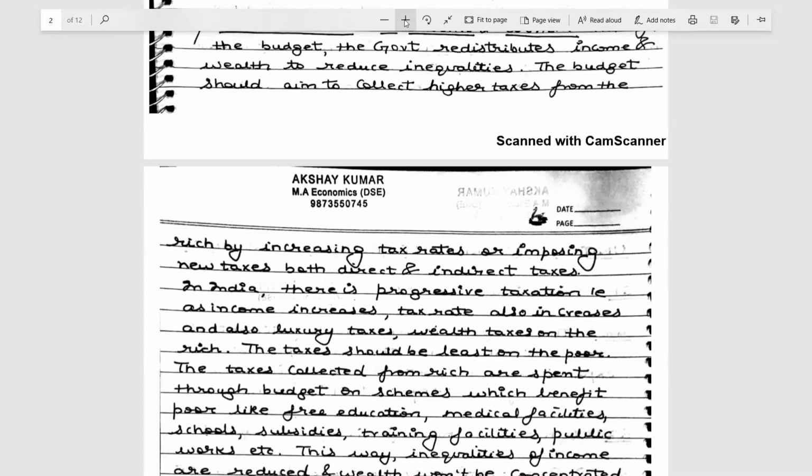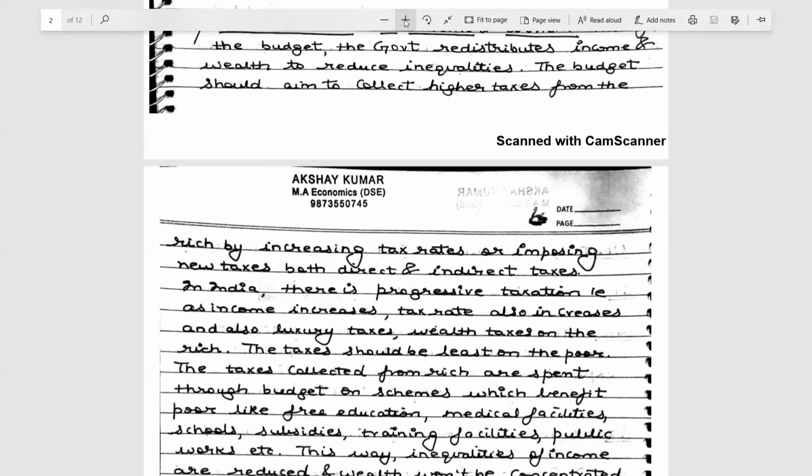Direct taxes are those taxes in which the burden of the tax and the liability of the tax is on the same person. इसका मतलब डायरेक्ट टैक्स के अंदर जिस पे टैक्स लगा है उसी को ही पे करना पड़ेगा वो टैक्स. इनडायरेक्ट टैक्स के अंदर the incidence of the tax and the liability of the tax are on two different persons. That means इनडायरेक्ट टैक्स के अंदर टैक्स इम्पोज एक पार्टी पे होगा बट एक्चुअली पे करेगी वो दूसरी पार्टी करेगी.